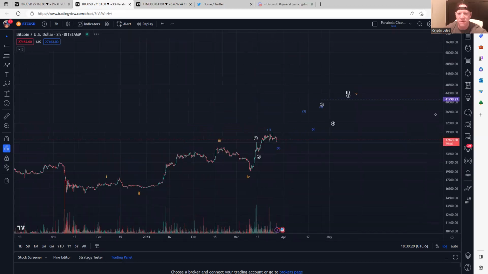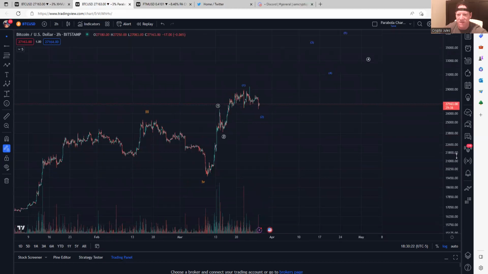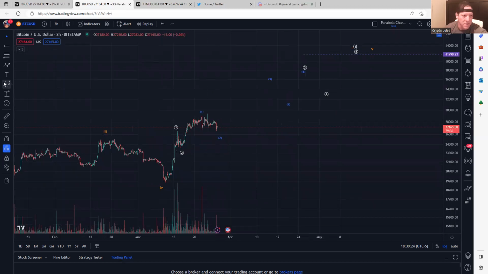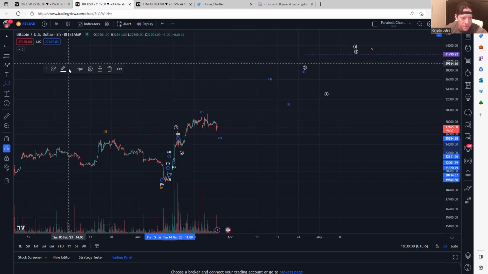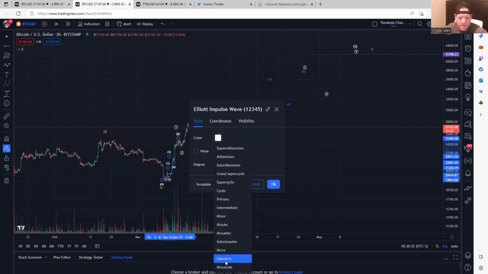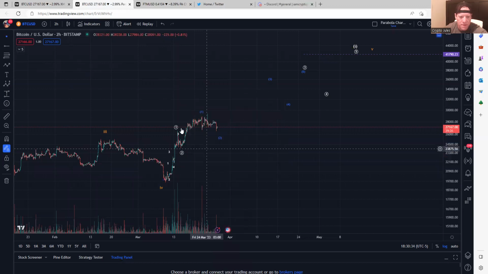for our 5-wave, which breaks down like this. We have a 1, 2, 3, 4, 5 for our 1 wave, a 1, 2, and then we have another 1, 2, 3, 4, 5 for another 1.